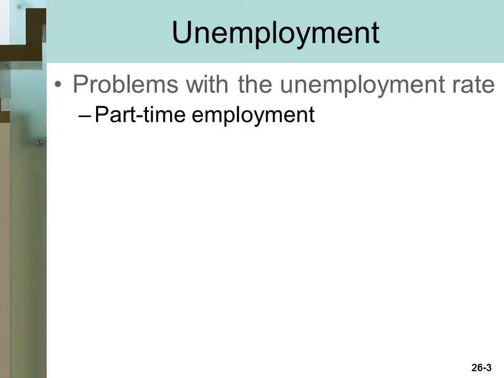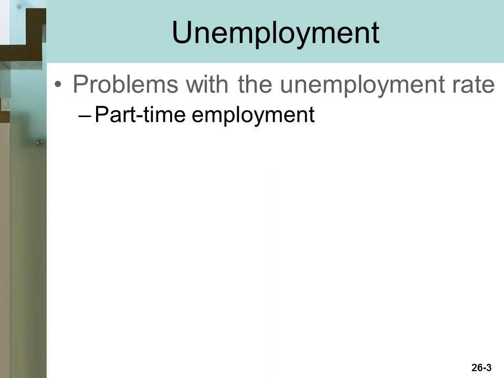Number one is part-time workers. There are a lot of Americans, especially today, because we're on our way of recovering from what we call the Great Recession. It was a pretty severe recession that started in late 2006, early 2007. So there are a lot of people today working maybe 20 or 30 hours who are ready, willing, and able to work 40 hours a week, but they are not required to work that much by their employers because there's not a huge demand for their services at this point.